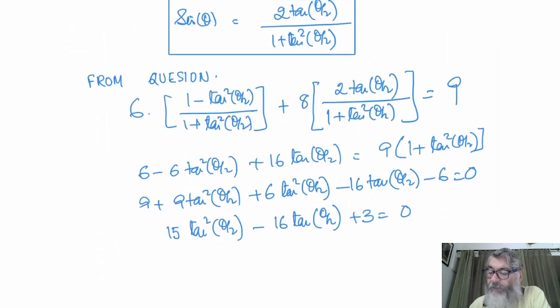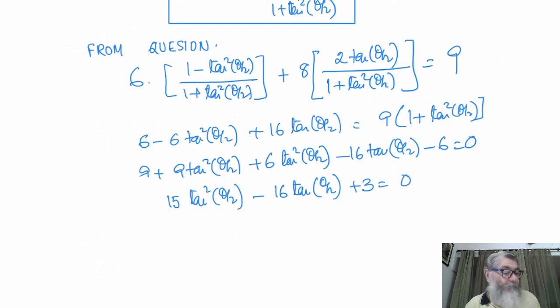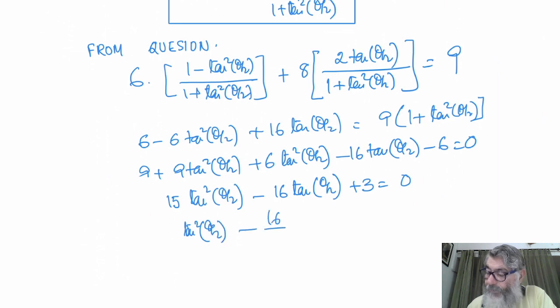Now let us divide the whole thing by 15 and see what happens. Tan square theta by 2 minus 16 upon 15 tan theta by 2 plus 3 upon 15 is equal to 0.